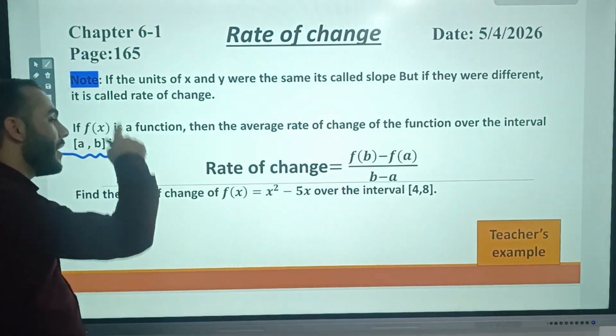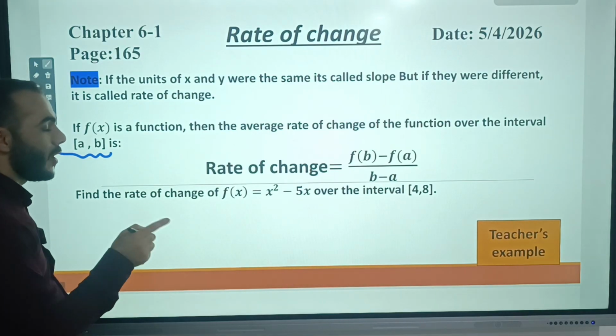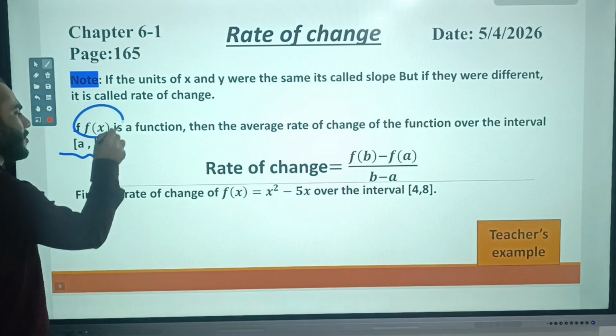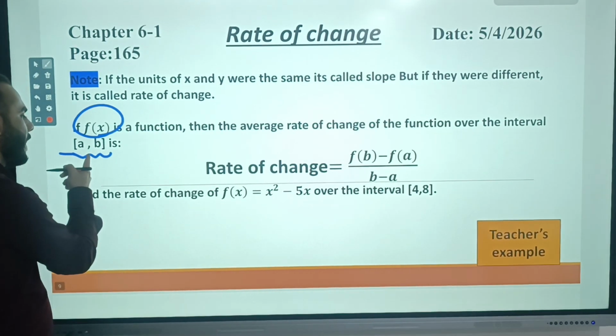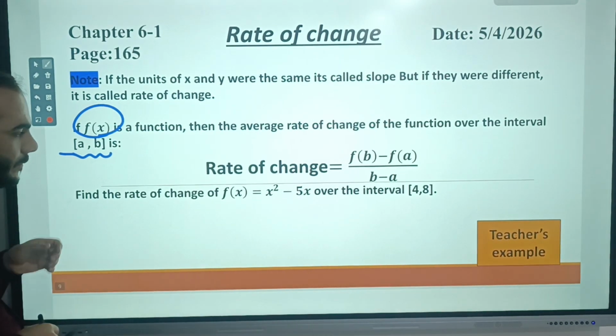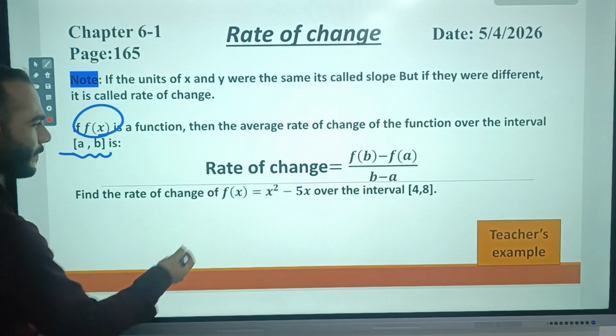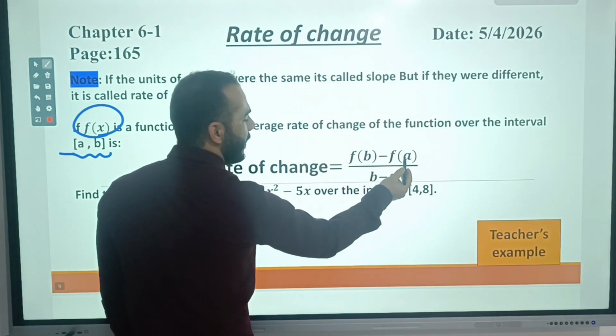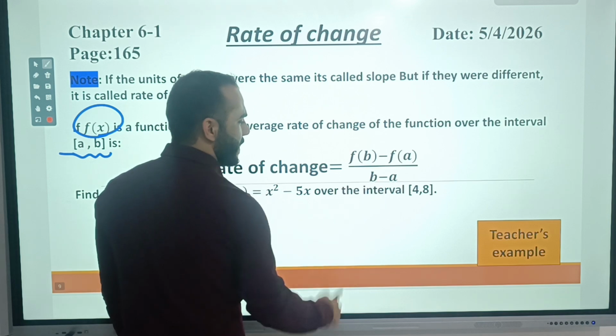In slope, we had points, y2 minus y1 over x2 minus x1. But here, in rate of change, we have a function and an interval. The rate of change formula is f of b minus f of a over b minus a.